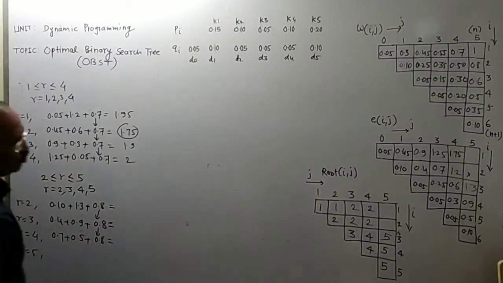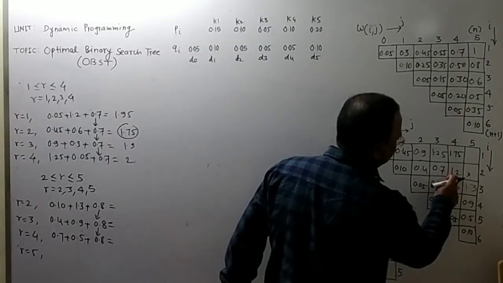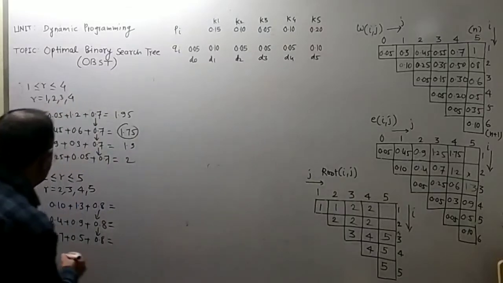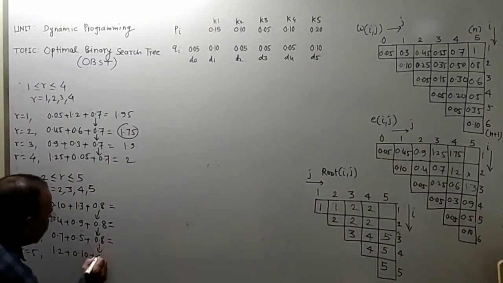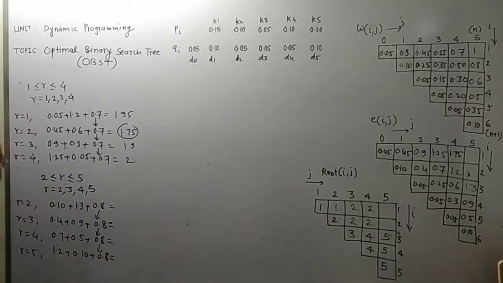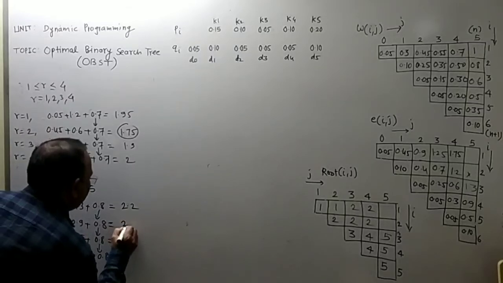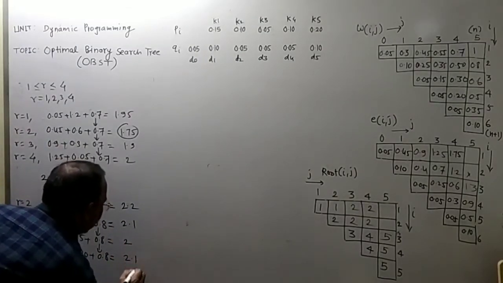Then for r is equal to 5, we have to consider 1.2 and 0.10. 1.2 and 0.10 plus 0.8 is equal to. It gives us 2.2, 2.1, 2 and 2.1.